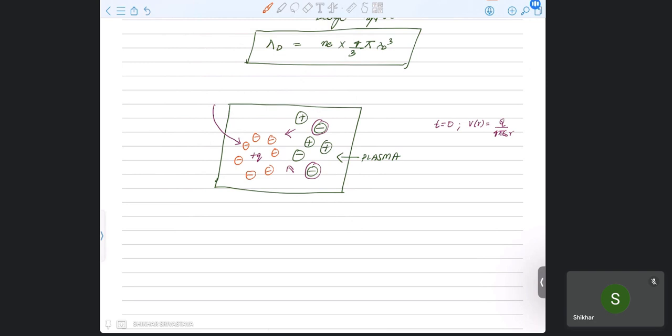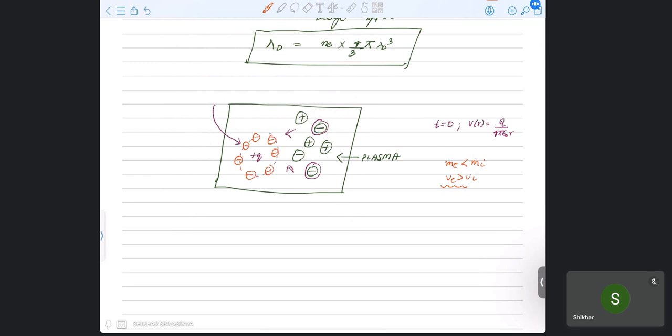Also, because the mass of electrons is very much less than the mass of ions, their velocity is larger. That is why electrons are very movable, so they can easily move inside the plasma and accumulate around this positive test charge.